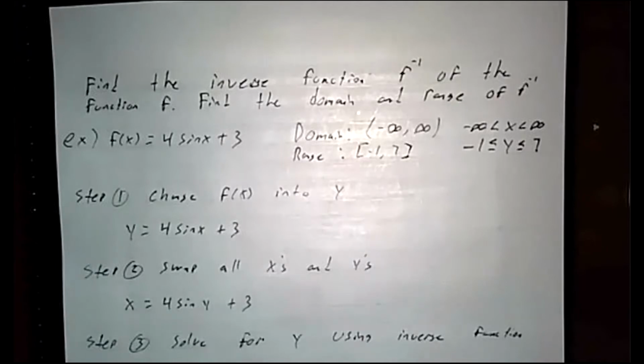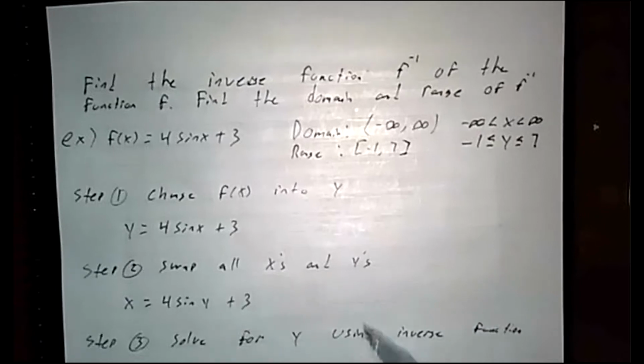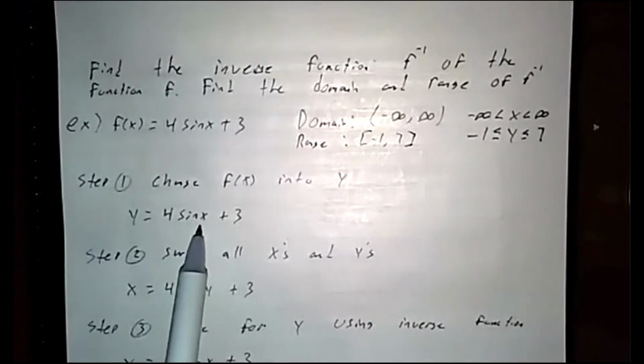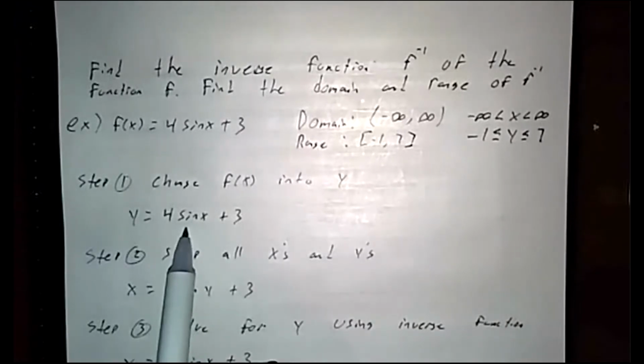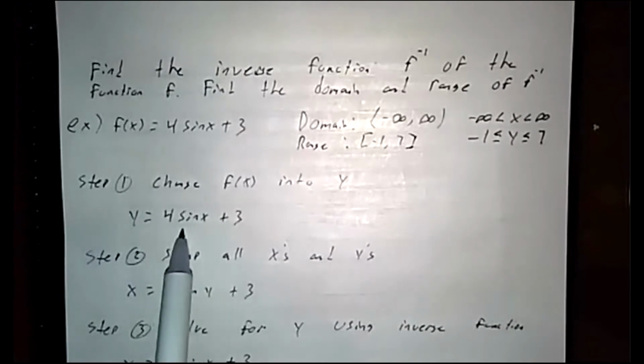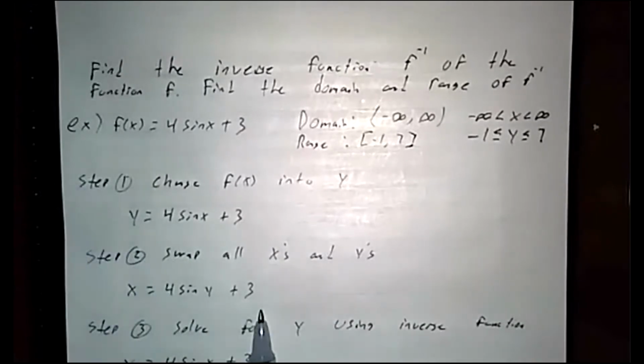Let me give you a visual, if I can get it to work. This type of stuff will allow you to solve for values inside the trig function. For example, if I gave you this and said solve for x, you can't just divide by sine. That's not a thing. So you have to cancel the sine using the inverse. That's the whole idea.